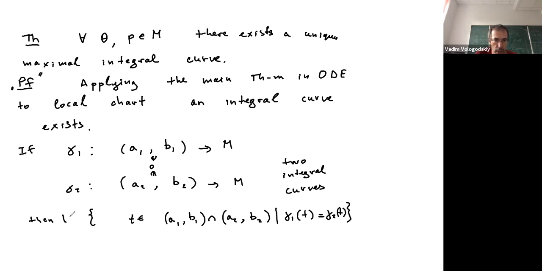Let's call this set U. I claim that U is open and also closed, and P is in U, in the intersection of two intervals.